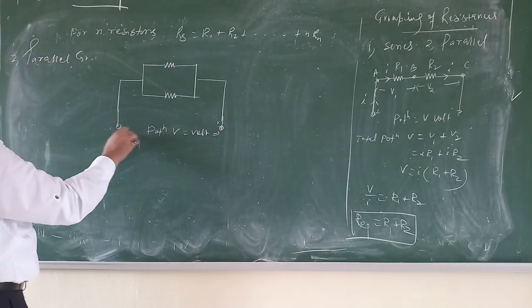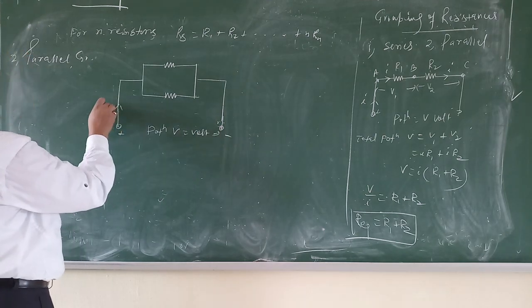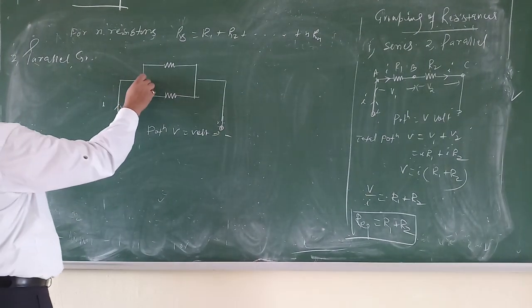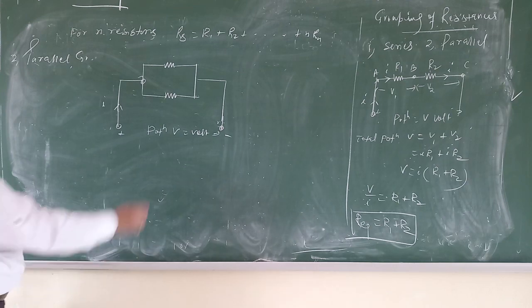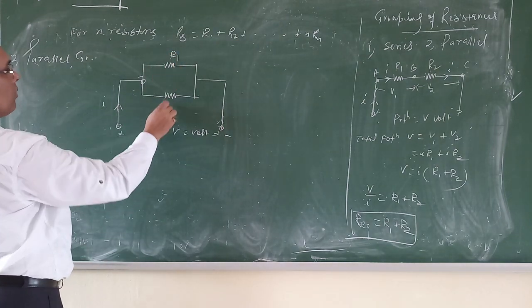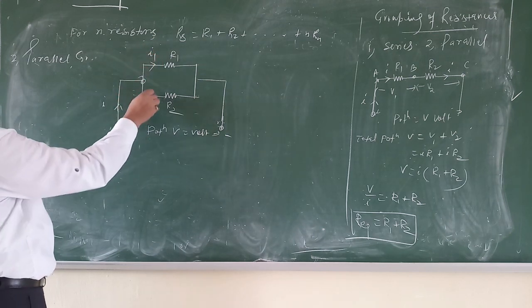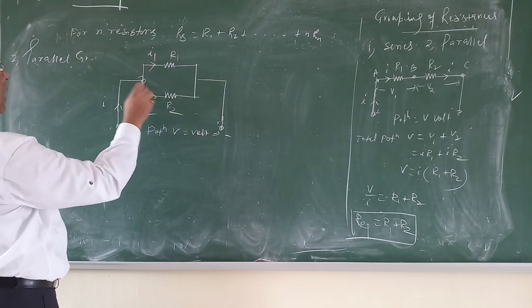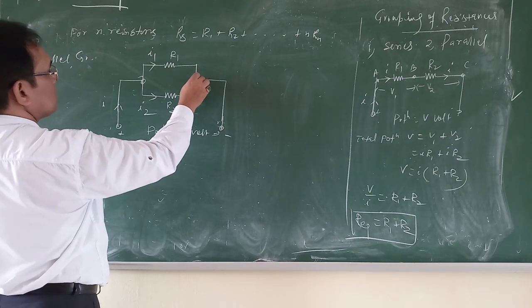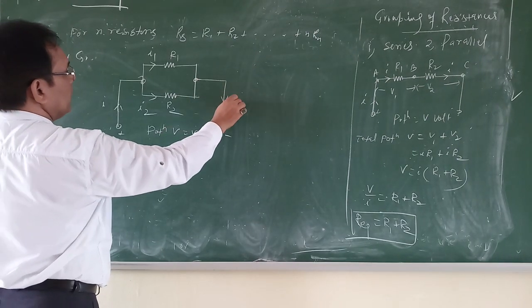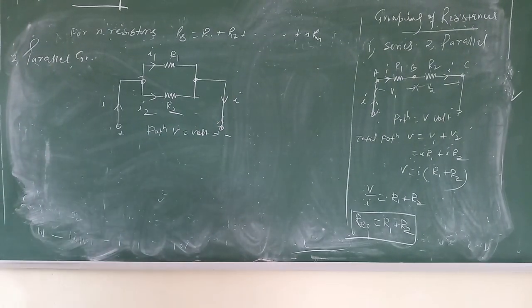So let I current is coming from here. So here is a junction. The current gets distributed across resistance R1 and R2. So let here I1 current is coming, rest of the current I2 coming across it, and then both meet together, then I current flows through it.